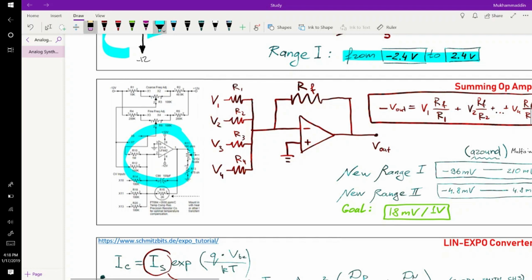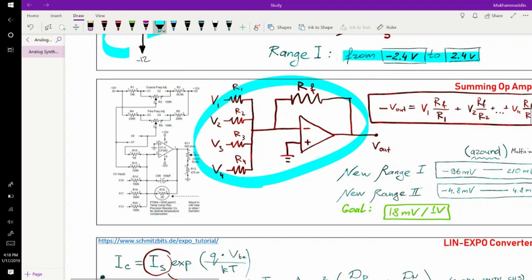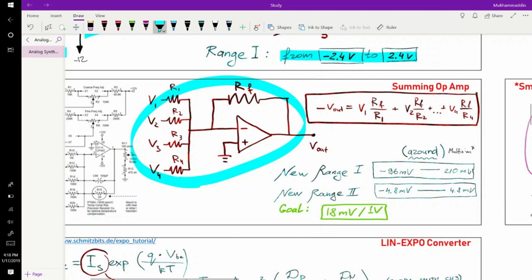So this configuration right here is a summing amplifier, and the output of this amplifier is basically a sum of each of these inputs, where the ratio is given by RF, this feedback resistor, over the resistance at the corresponding branches. So for V1 it'll be R1, for V2 it's going to be R2, for V3 it's going to be R3, and so on.